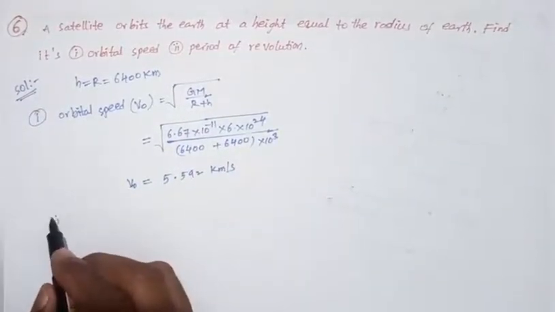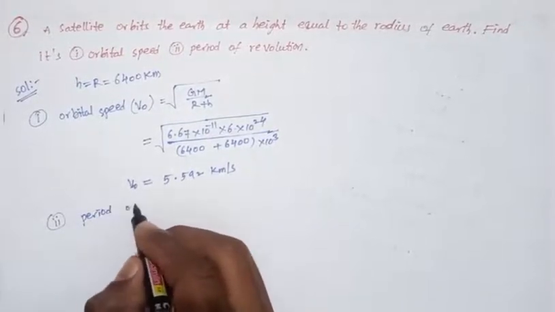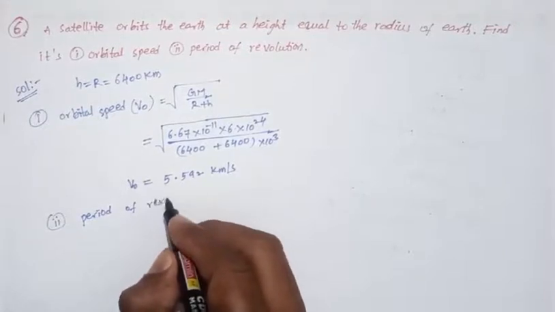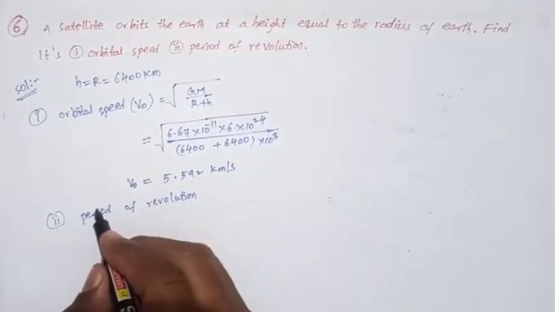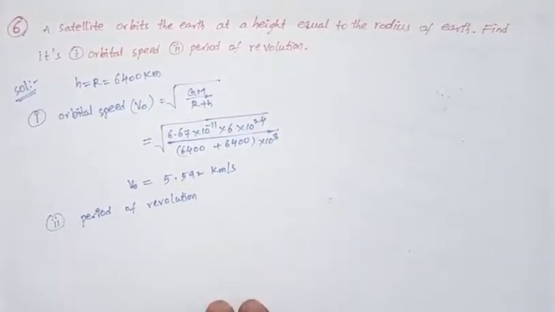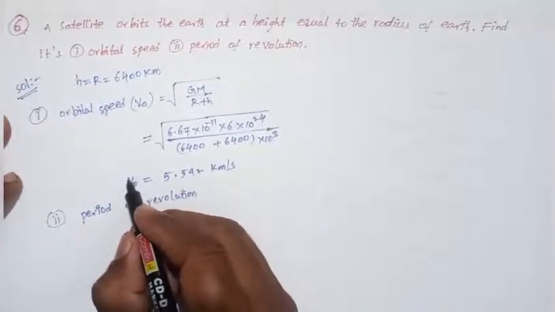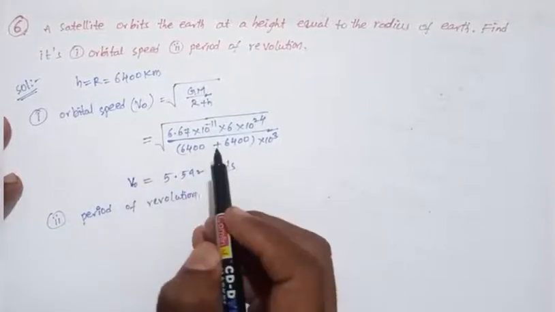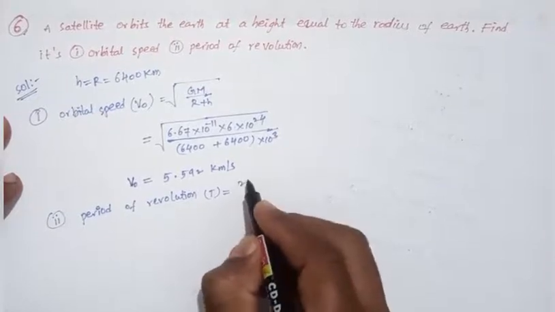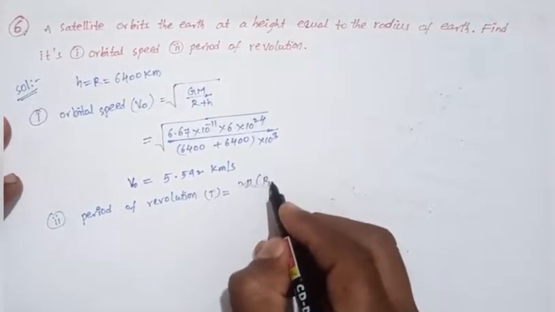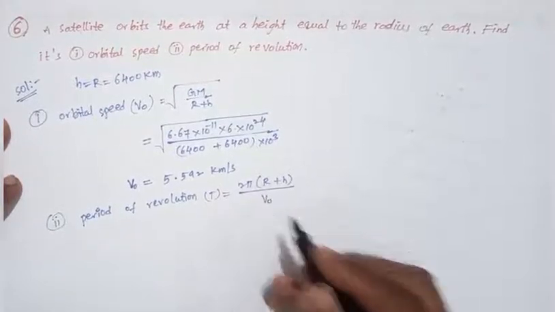Okay, second one, we can find the period of revolution. We can find the period of revolution using two equations. Already we know the orbital speed, then the period of revolution T equals 2 pi, perimeter, 2 pi (r plus h) divided by orbital speed.